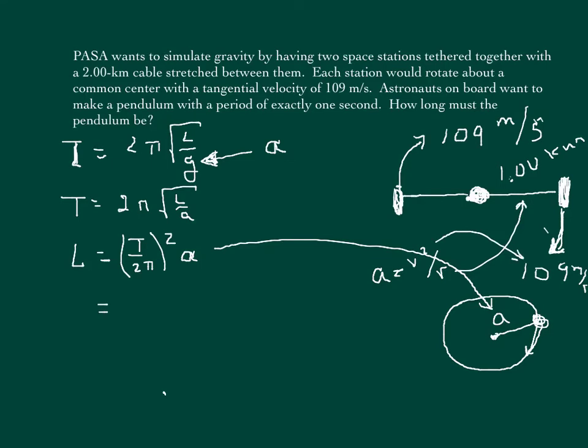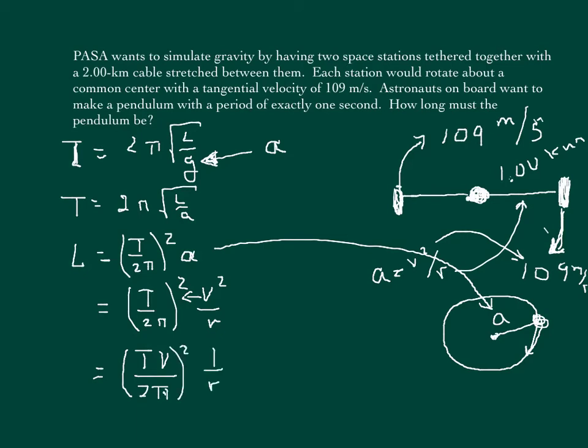So we have the length of the pendulum is T over 2 pi squared, and the acceleration just becomes v squared over r. To simplify the algebra, we can bring the v inside the square, and so we have T times v, the period times the velocity, over 2 pi, quantity squared, times 1 over r, would be the length of the pendulum.